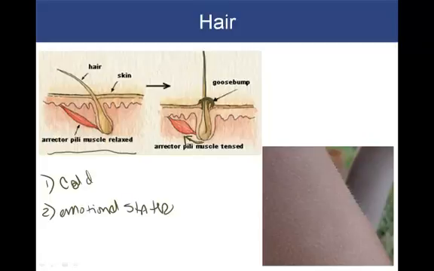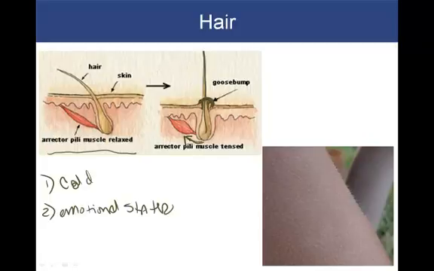Just to give you a little bit of background as to why we produce goosebumps during an emotional state, we again have to visit other mammals. If you consider a dog or a cat, if they become frightened, their hairs often stand on end. We've always seen frightened dogs or cats with their hair raised.